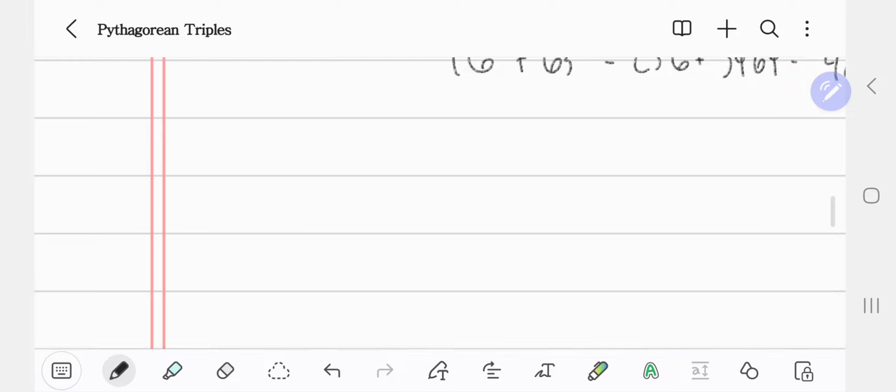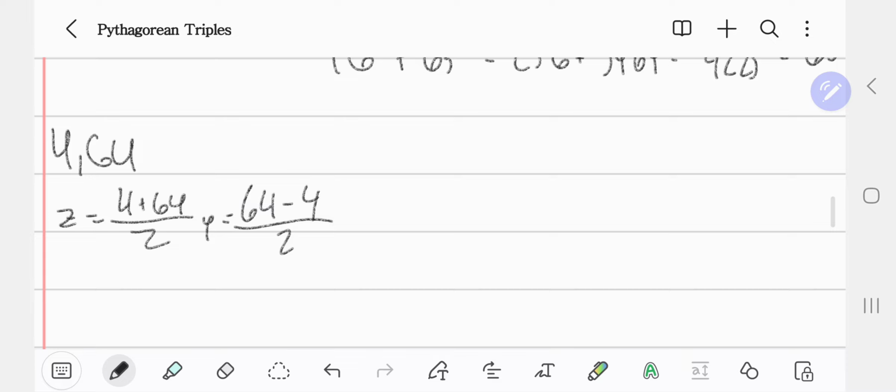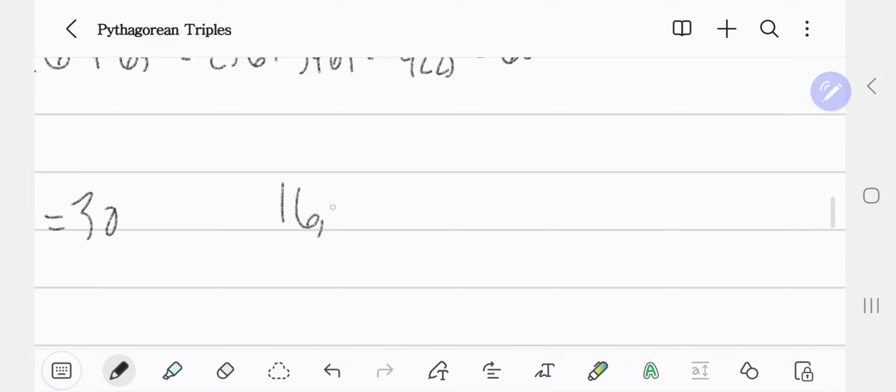Let's go through our second triple, which is 4 and 64. We do the same process, plus and minus. Sorry, getting messy here. This one is 16, 30, 34.